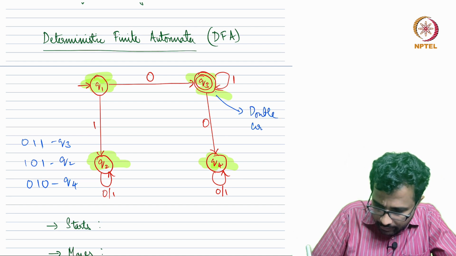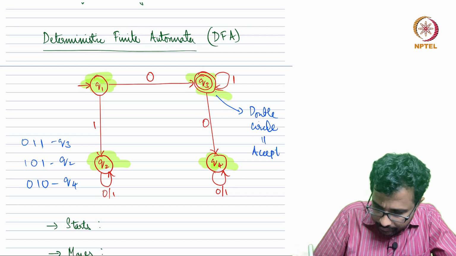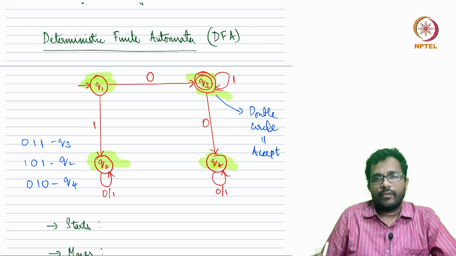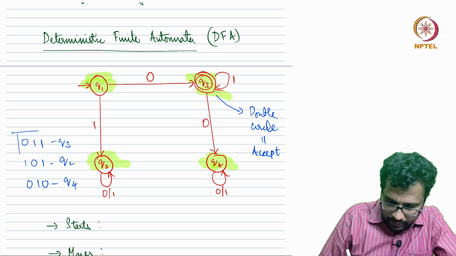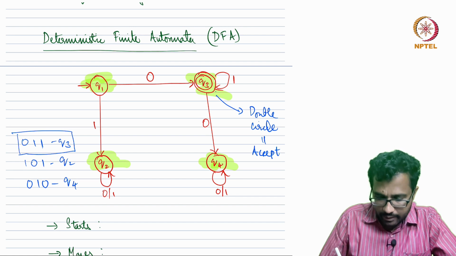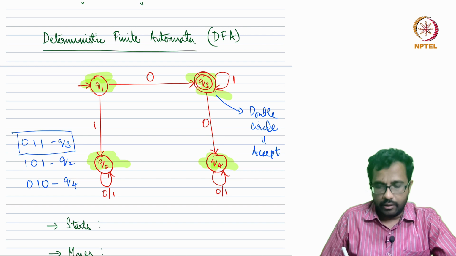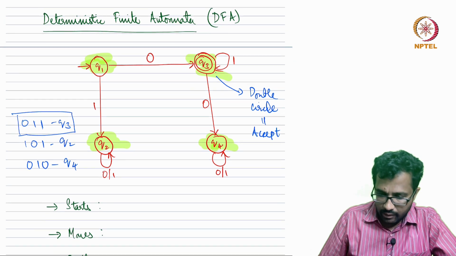So a double circle means it's an accepting state, which means that the string 0 1 1 gets accepted, because it ends in Q3, while 1 0 1 and 0 1 0 do not get accepted, right?